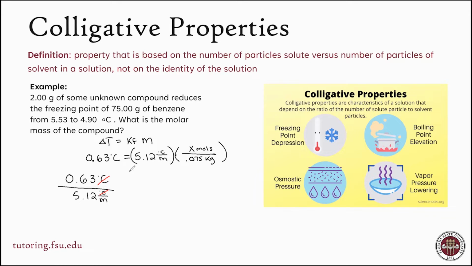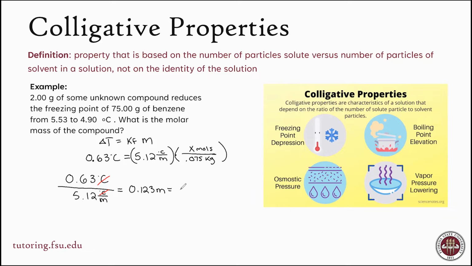These degrees Celsius cancel. And so 0.63 divided by 5.12 is going to be 0.123. Since those degrees Celsius canceled and we have molality as a unit in the denominator, we invert that when we put it on top, and that m comes to the top and is a unit in the numerator.